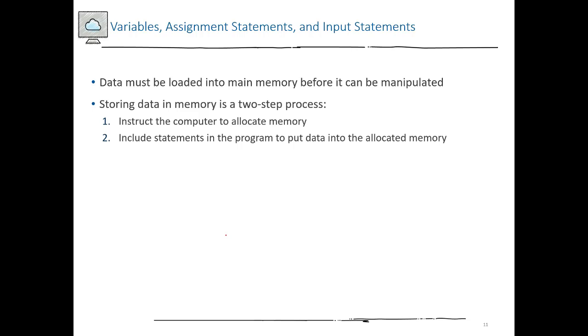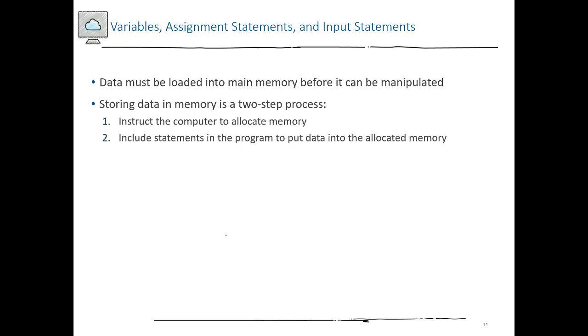So data must be loaded into memory before it can be manipulated. Obviously, when you enter data, where does it go? It goes into memory. And what part of memory does it go into? Whichever memory part that you have reserved for it. So how do you reserve memory for your data? By using variables, a simple thing.